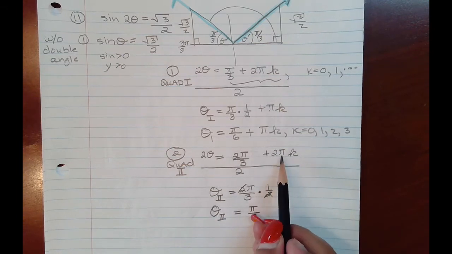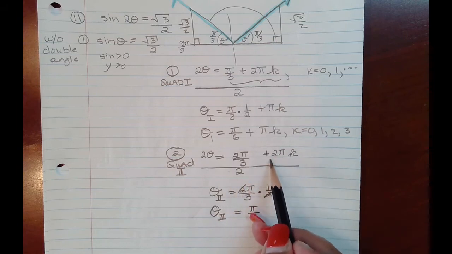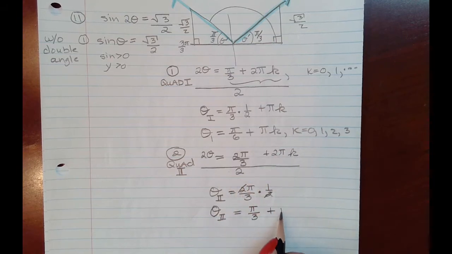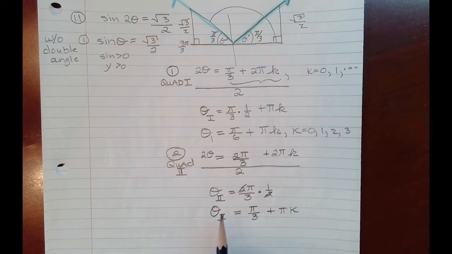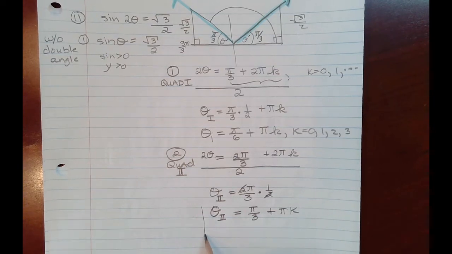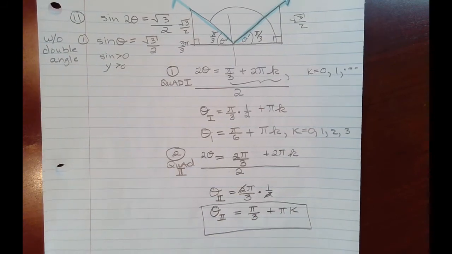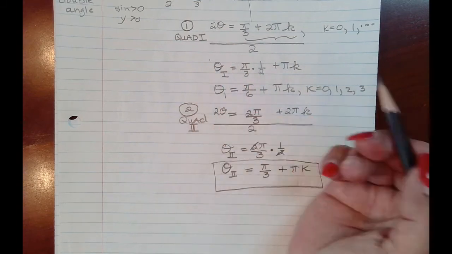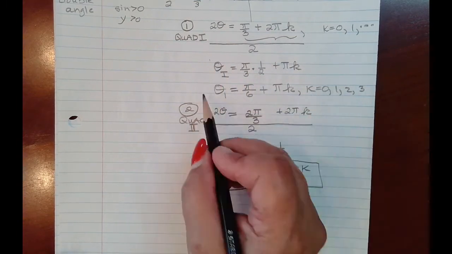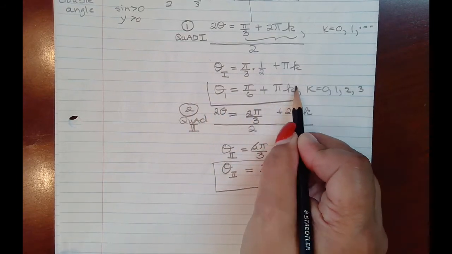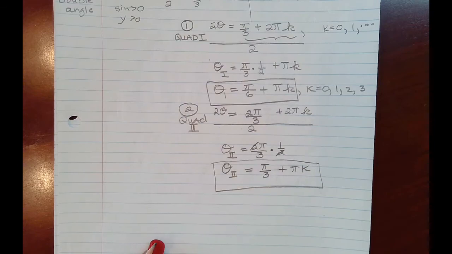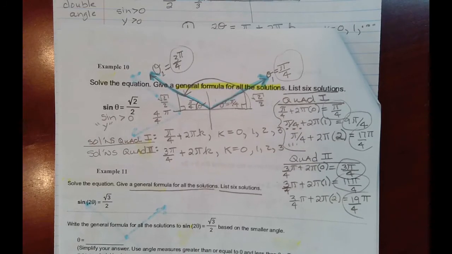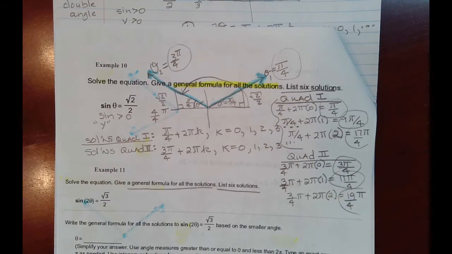And then 2 pi k divided by 2, this 2 would cancel with this, leaving you with just pi times k. Okay, so this is general solutions for everything in quad 2. These were general solutions for everything in quad 1. And then I believe this problem asked you to actually list 6 solutions. So you can get like 3 solutions for each of those general equations that we just came up with.